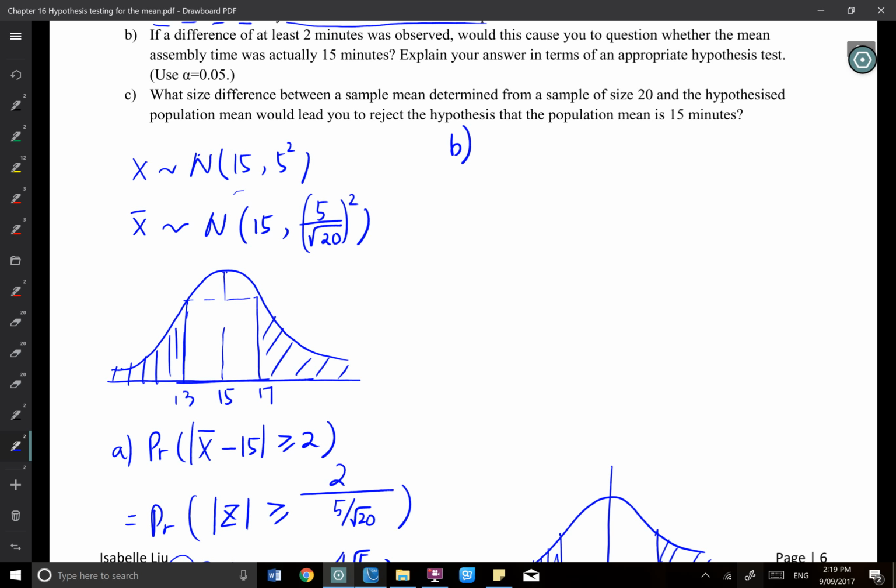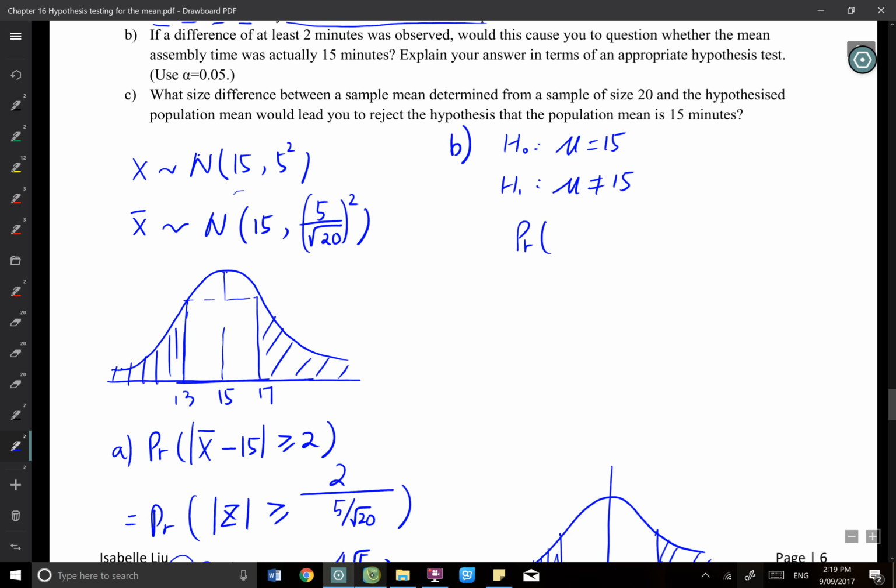Okay, B. How do you think? Do you think you will reject it? Then how do you calculate the hypothesis? So you say H0: mu is 15, H1: mu is not 15. It's actually a two-tailed test. What you calculate is, you observe something is at least 2 minutes different.